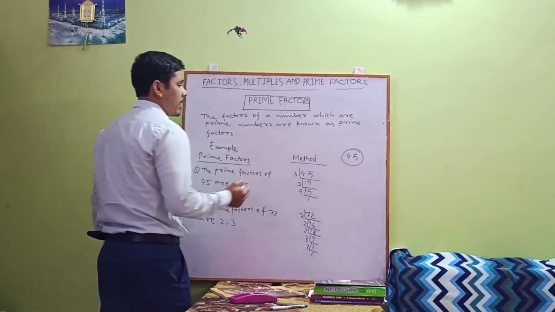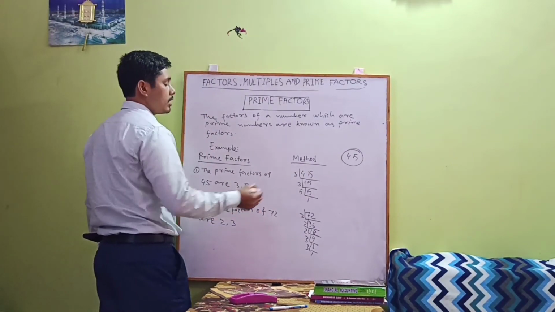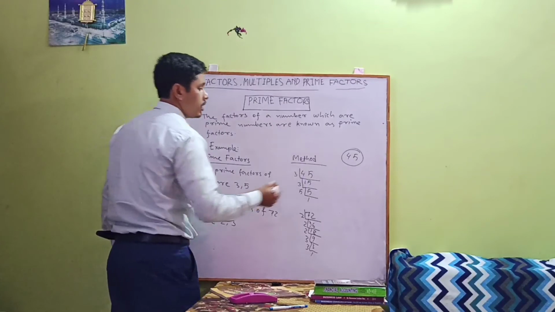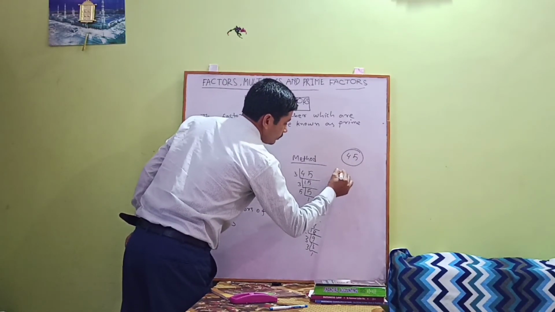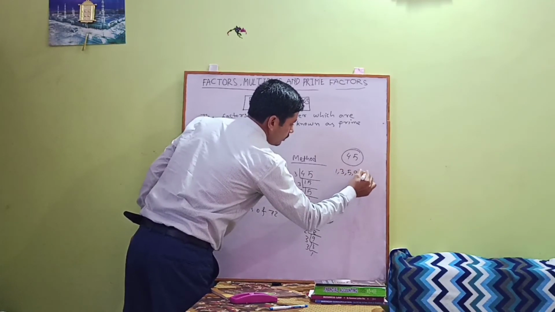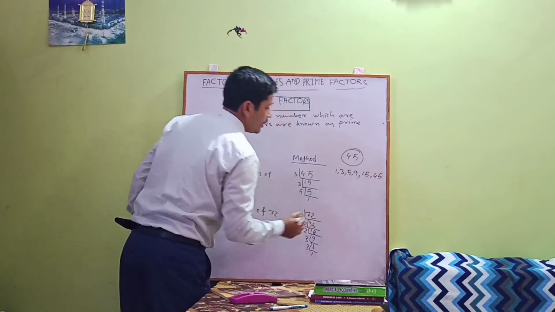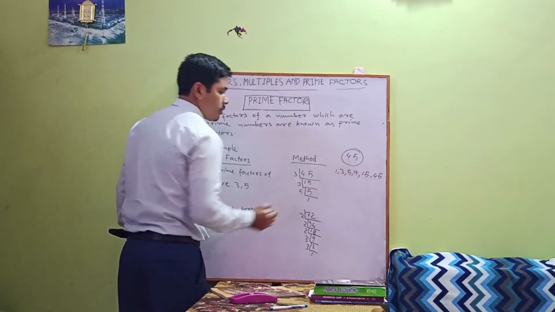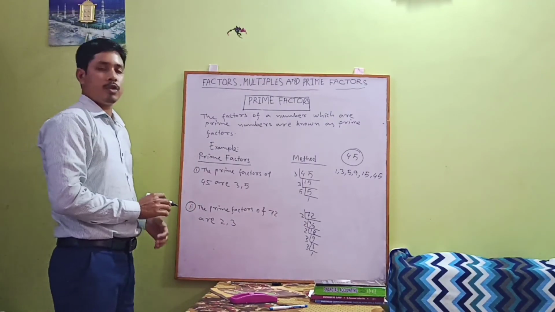For better understanding of prime factors, first we find all the factors of 45. All the factors of 45 are 1, 3, 5, 9, 15 and 45.